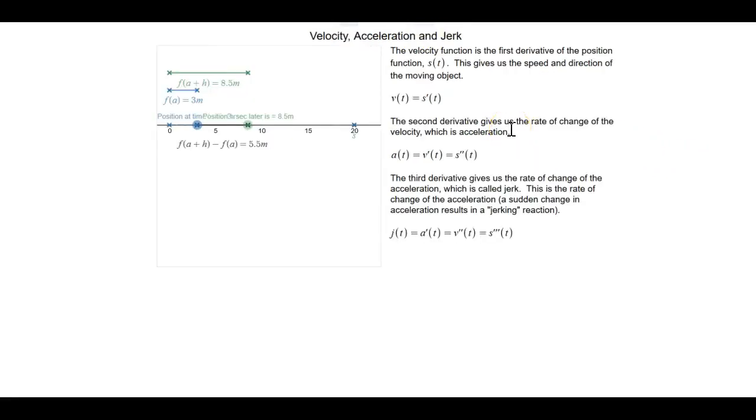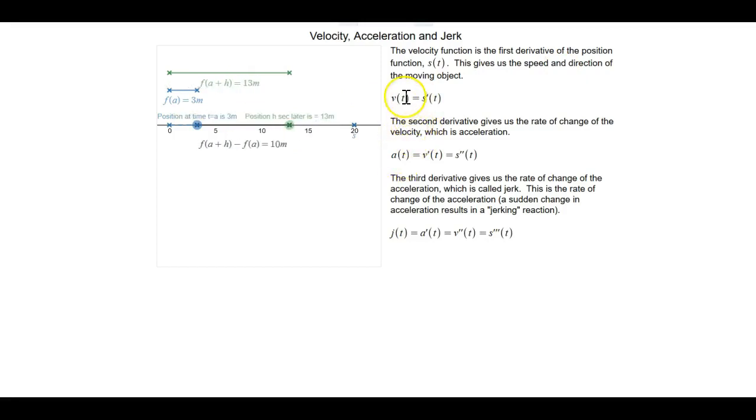An example of the second and third derivative that you might be able to relate to is if you think back to the position function and velocity. Remember that the position function is just how far from some point an object is. And we said that its instantaneous rate of change is that first derivative, which gives us the velocity, which is the speed and direction of the moving object.